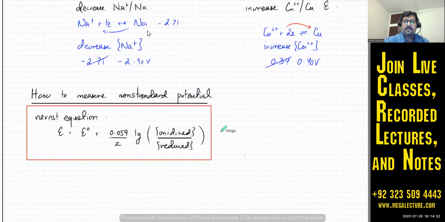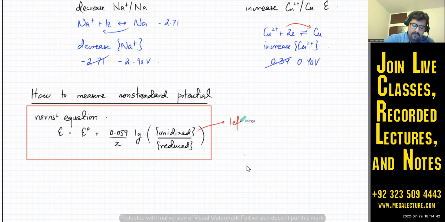Forward is reduction, backward is oxidation. It's a reversible reaction. So the oxidized species is the one on the left side, if the equation is written in the conventional way: forward is gain, backward is loss. So this is the oxidized species, the one on the left, the one that was formed after oxidation.